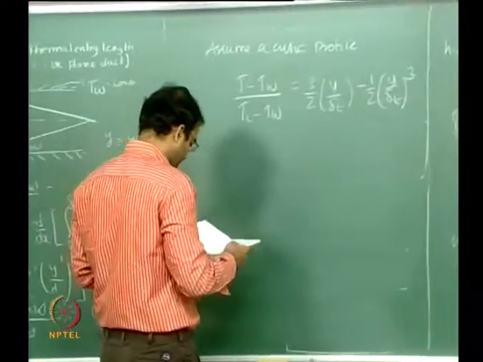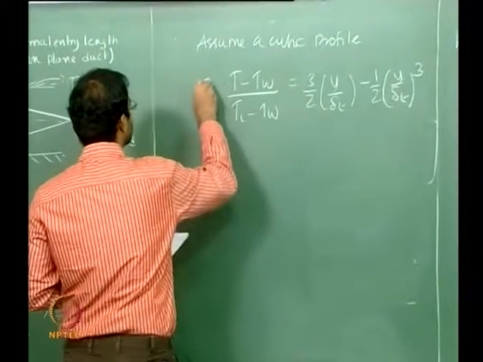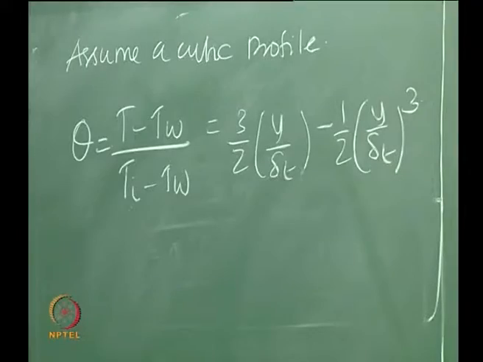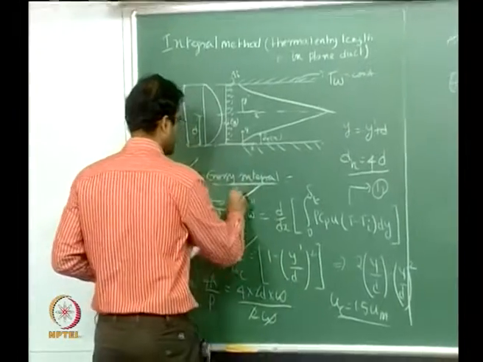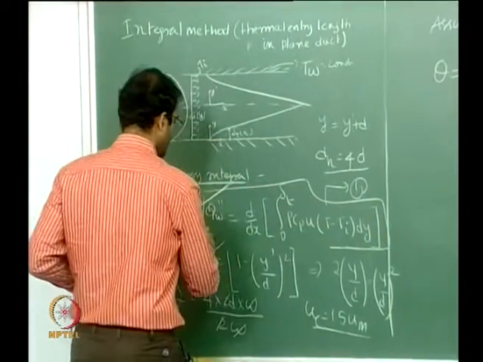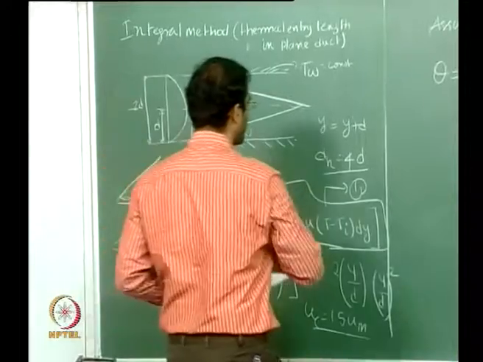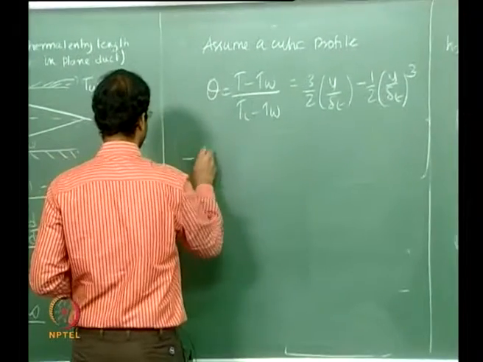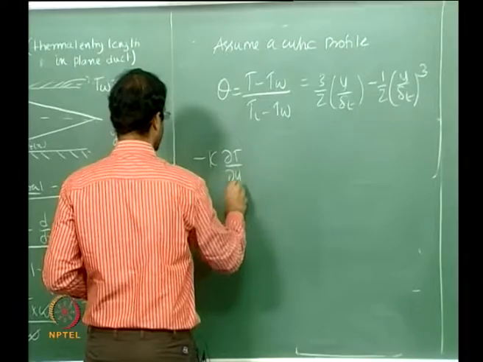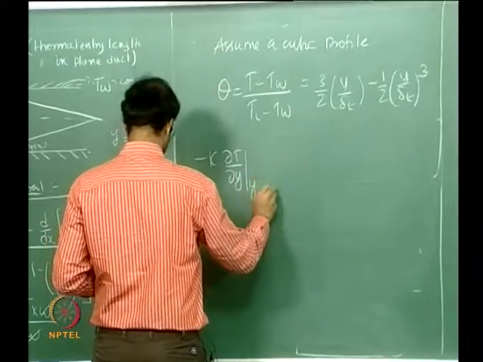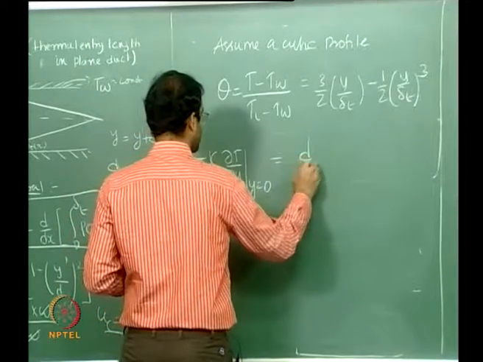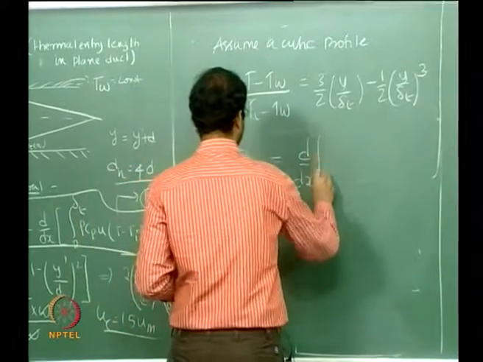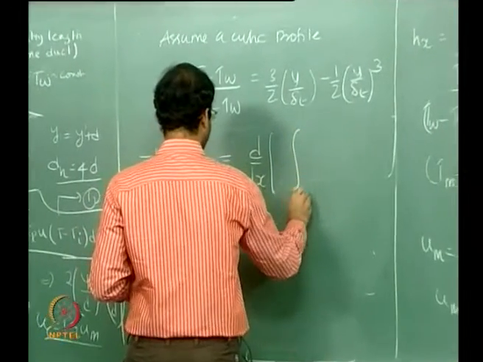Okay, so you can assume this to be a non-dimensional temperature theta for the thermal entry length problem, and your energy integral now, this is your energy integral. This can be rewritten. So your q wall can be written as minus k dT by dy at y equal to 0, and that is equal to d by dx of the integral from 0 to delta t.